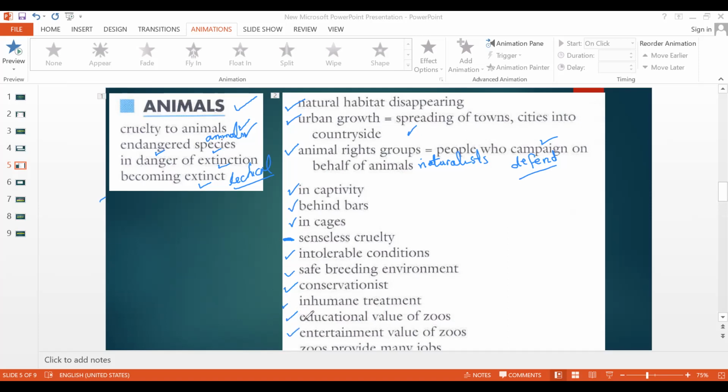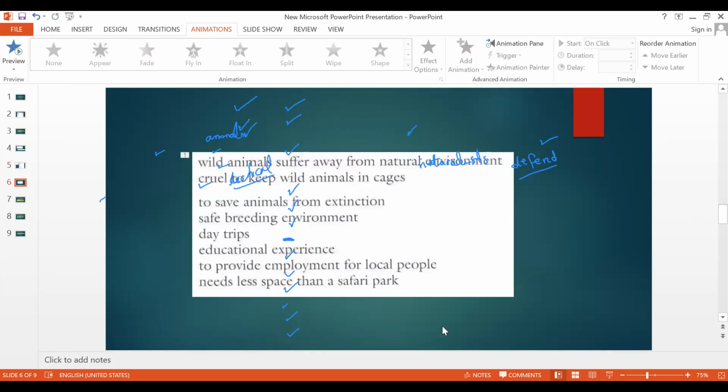Thank you. So this is a group of technical words that is helpful to use when you write about animals and zoos. I hope you study them because they are helpful. Next, here's also the last part of these words.